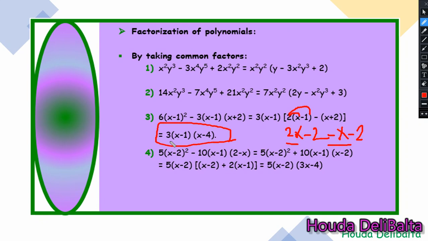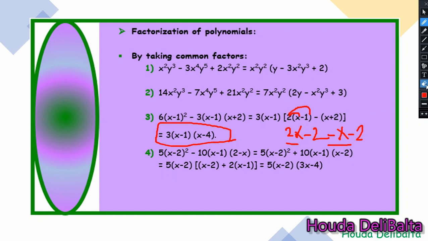The first one is 3, the second factor is x minus 1, and the third factor is x minus 4. And by this, I changed the expanded form into a product of factors, and that's what we call factorization.